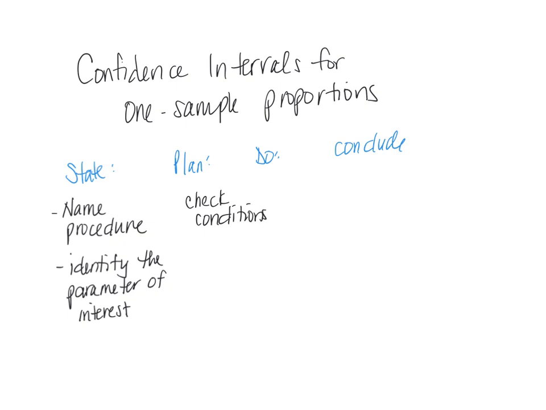In do, you can probably guess it, you're going to do the math. You can also, under plan or do, write your correct formulas. And under conclude, you're going to write your concluding sentence.